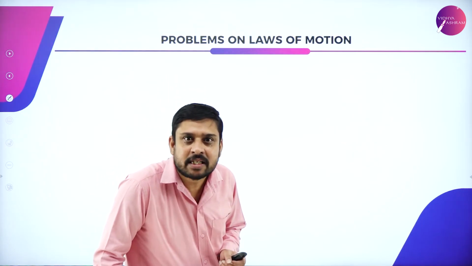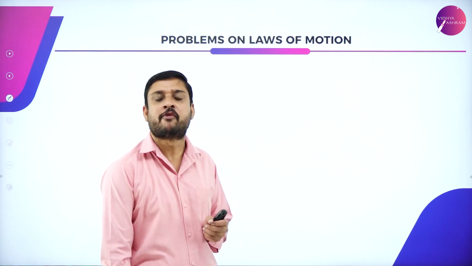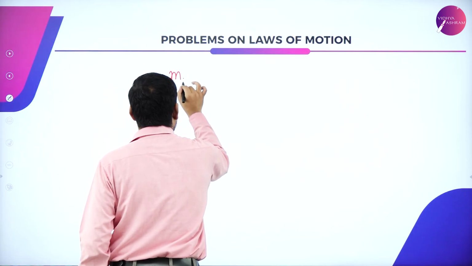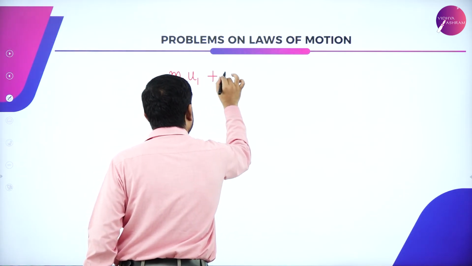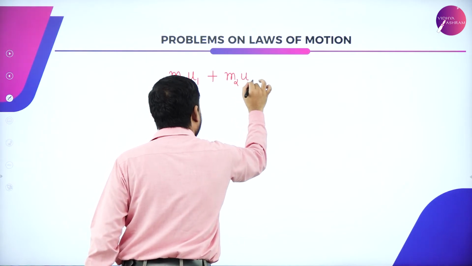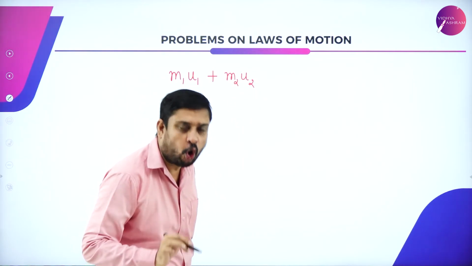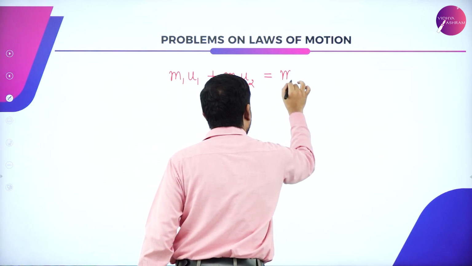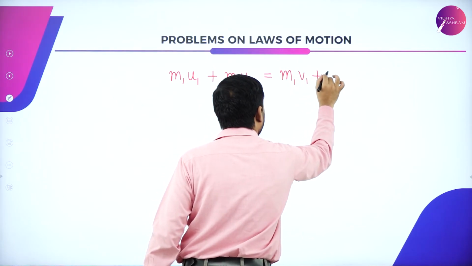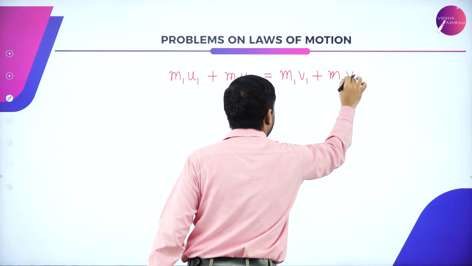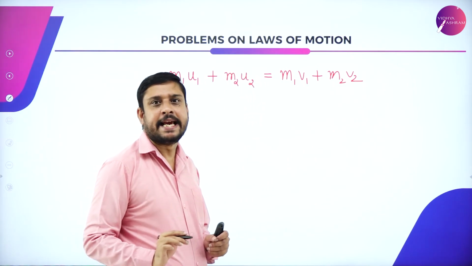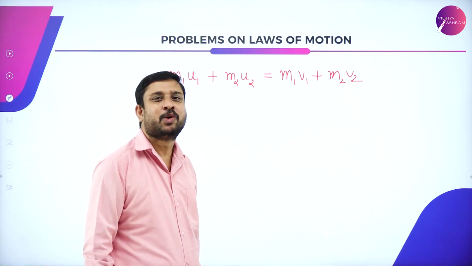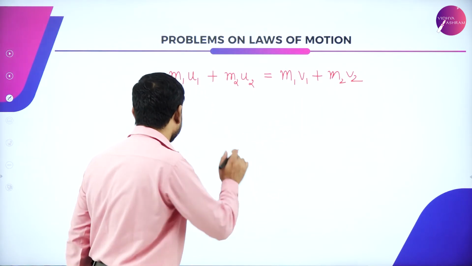What did we understand from the law of conservation of momentum? Sum of initial momentum, m1 u1 plus m2 u2, should be equal to the sum of final momentum. This is explicitly the law of conservation of momentum, from which I have to calculate v2, that's all. Now substitute.